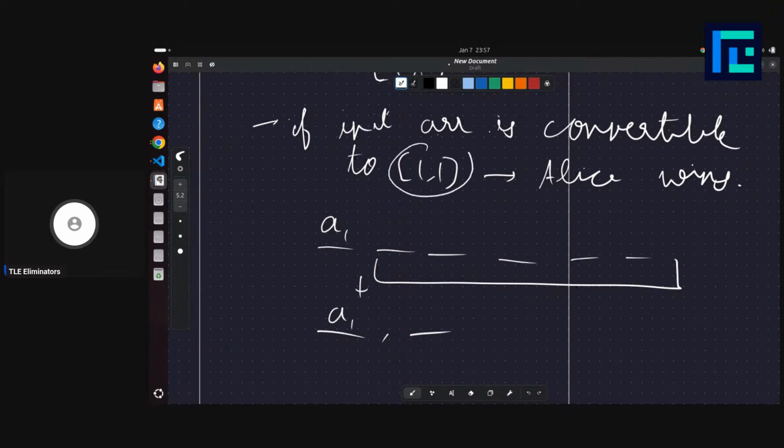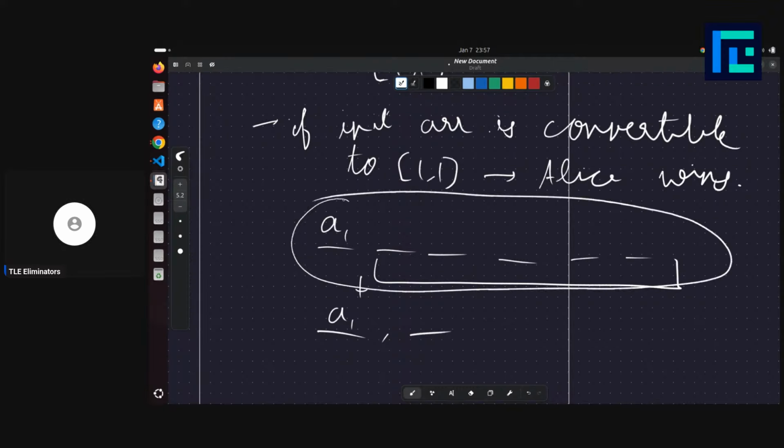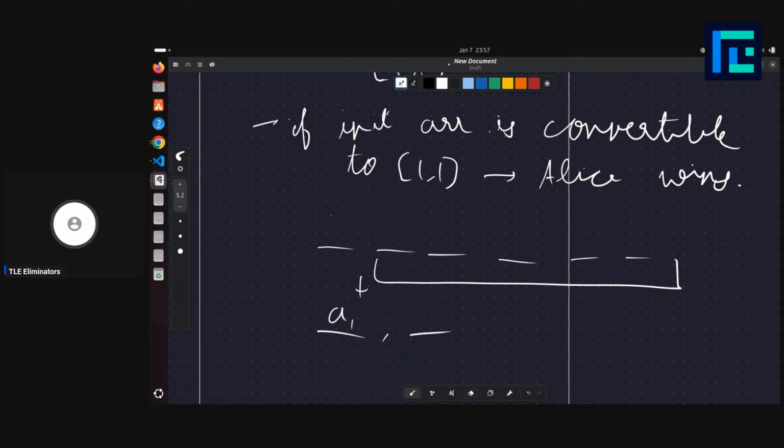But Alice wants to make it 1 1. So if she is doing the operation here, then she has to ensure that this element is 1. If it is 0, then Alice cannot do this operation, because then 1 1 would not be made.